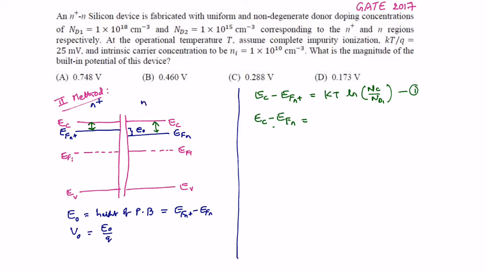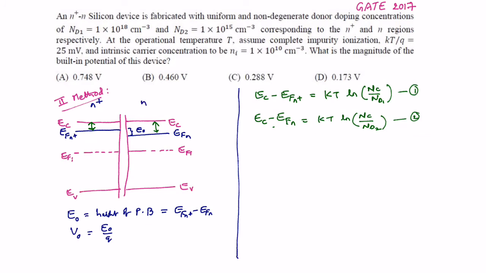In this one, EC minus EFN plus means relative position of Fermi level on n plus side with respect to conduction band. This can be written as KT natural logarithm of NC divided by ND2. This is second equation, and we require EFN plus minus EFN, that is E naught.